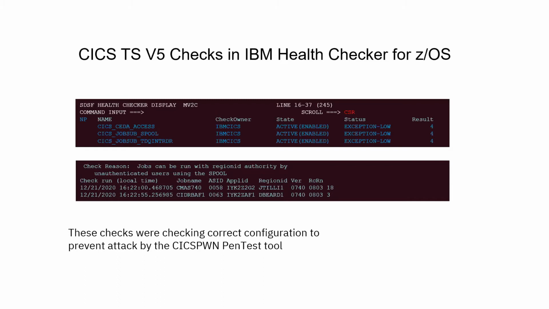If that was the case, then it was possible to submit JCL under the region user ID with all the bad effects that could potentially have from somebody who isn't authorized to use the system. Now, this was bad enough on internal systems, but a port scan identified the odd external system where this applied, to be found by a hacker. So we instantly put up a security alert and put in the health checks so as to alert people about the poorly configured systems.